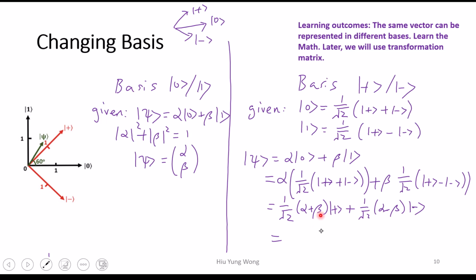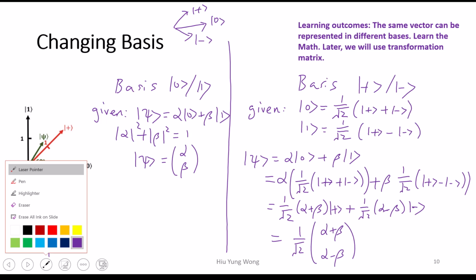Correct? I want to write it in column form. Then it becomes this. Am I right? Let me check. Yeah. So again, this equals this. They are the same vector.